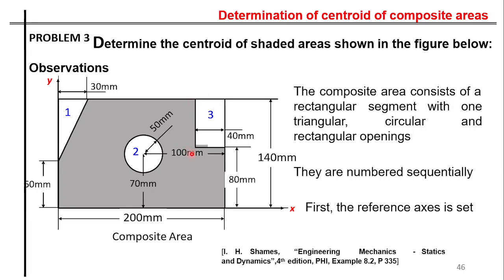Next you have this rectangular portion, whose width is 40 mm and its height is 60 mm. So 40 divided by 2 and 60 divided by 2. Here is where it is going to be, where I have placed the cursor. But what I need to do is find its location with respect to the x and y axis.